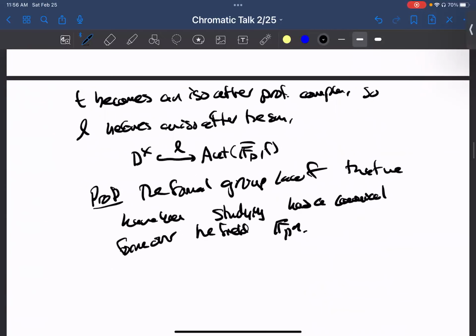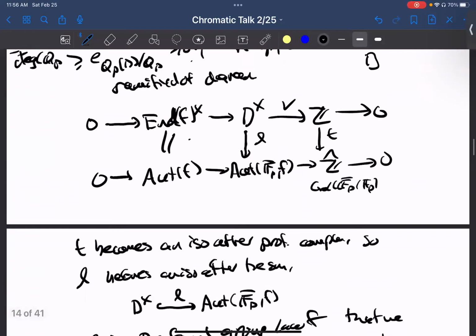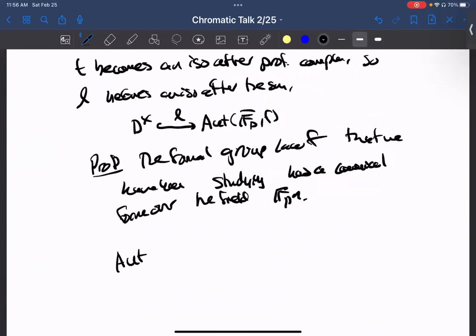In order to get it down over FP to the n, we have to use descent. So you have to use the fact that you have these automorphisms of FP bar over F. You can map this out to the Galois group here, as above.